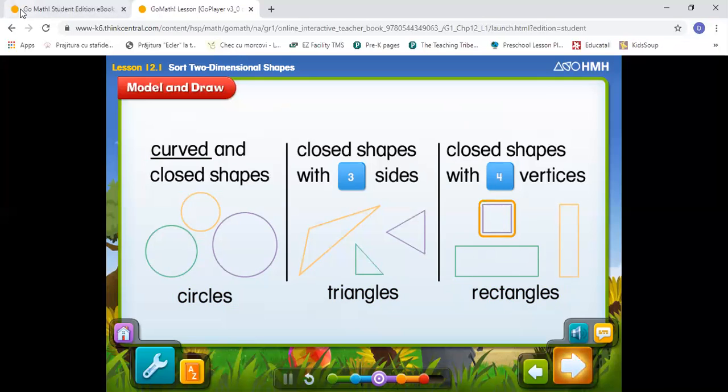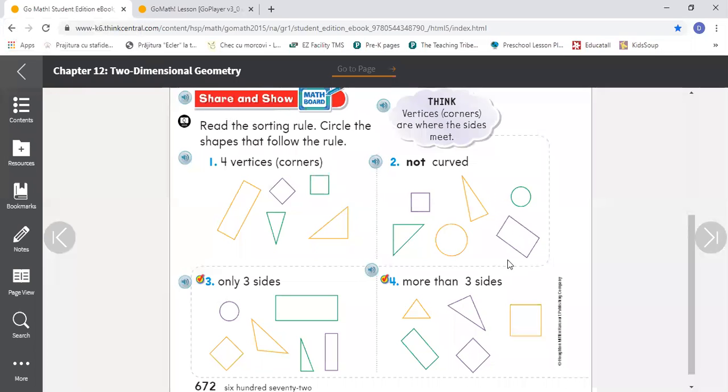Good job, my dears. Now, let's go to our book and let's try to see here 2 exercises. Read the sorting rule. Circle the shapes that follow the rule. So, let's read the sorting rule. What is the sorting rule for exercise number 1? 4 vertices. Yes, vertices are corners where the sides meet. Look here in this little cloud. Vertices.